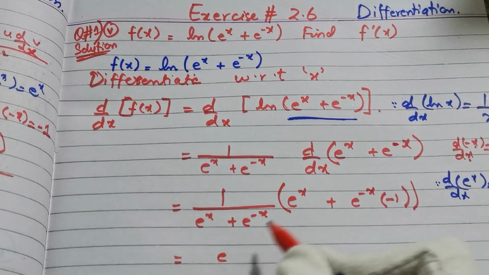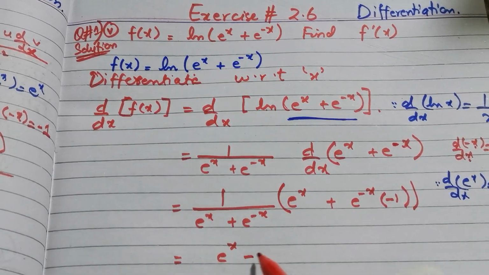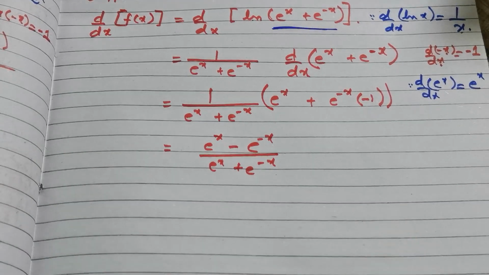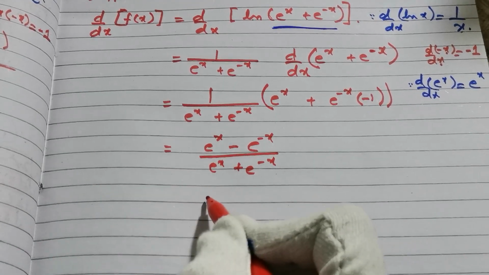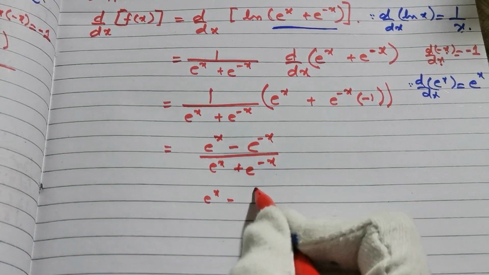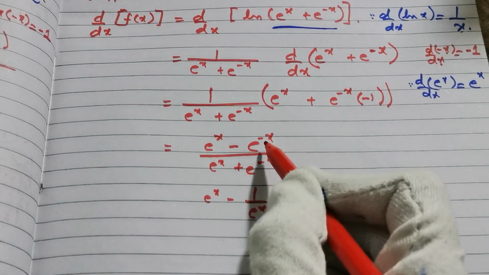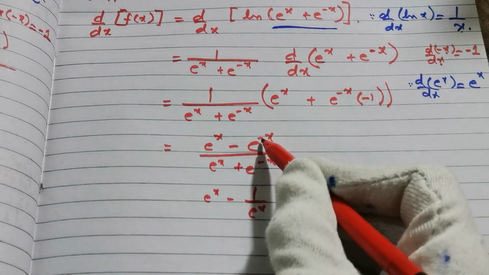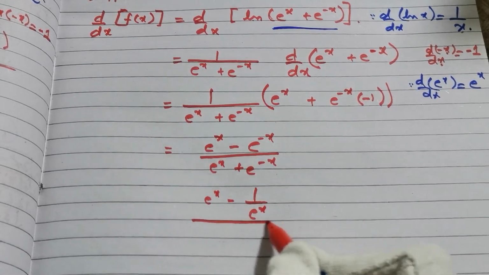Now e^x plus minus e^(-x), over e^x plus e^(-x). Now further we simplify. In e^x minus e^(-x), when we take this in the denominator, minus x becomes positive x.